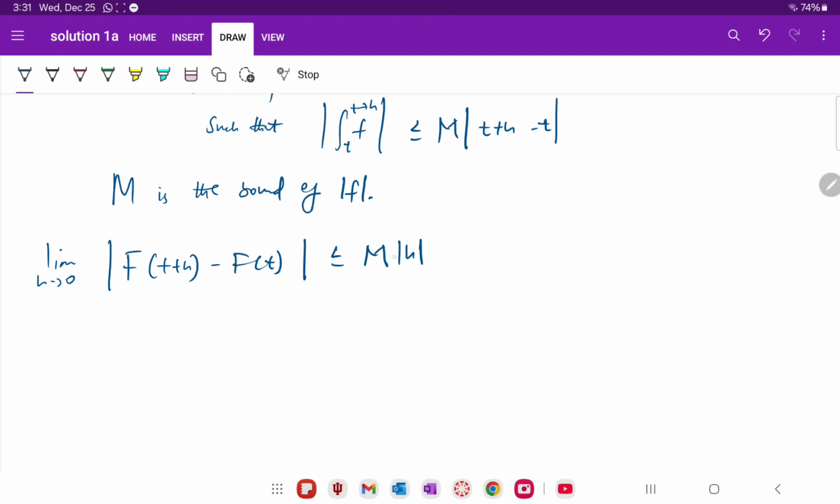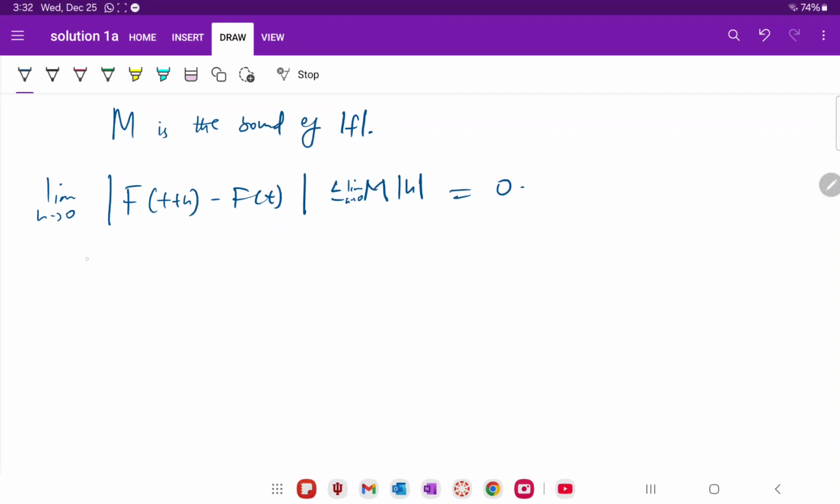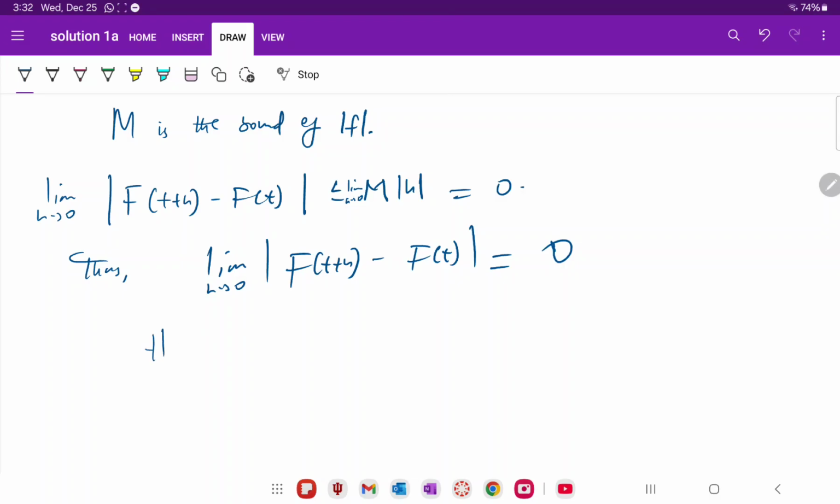So if we take the limit as h tends to 0, this equals 0. Thus the limit as h tends to 0 of f of t plus h minus f of t is equal to 0, and this implies the limit as h tends to 0 of f of t plus h is equal to f of t.